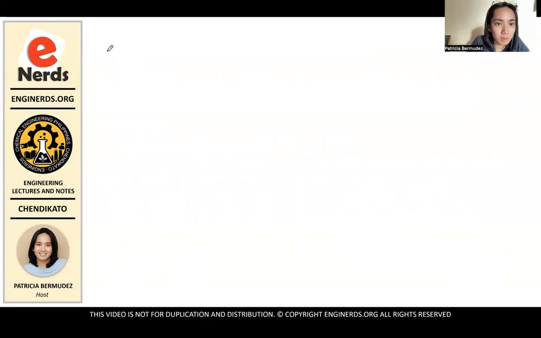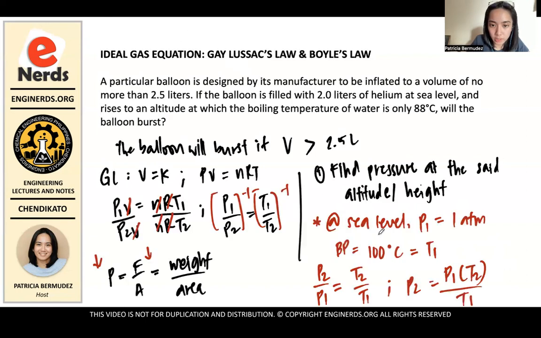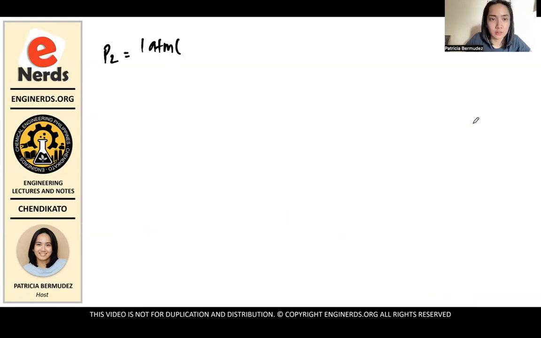So yung P2 natin is yung P1 which is 1 atm, times yung T2 which is yung boiling point at the altitude. Kasi yung P2 ang hinahanap natin and this one dapat nakarelate siya sa boiling point dun din sa altitude na yon.